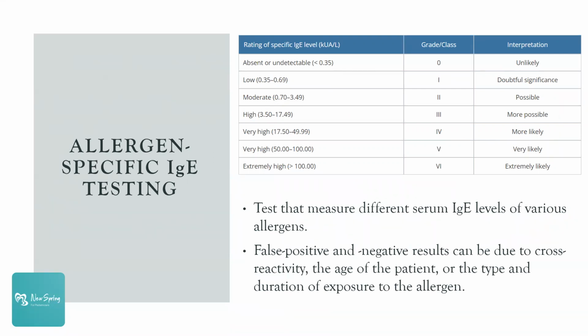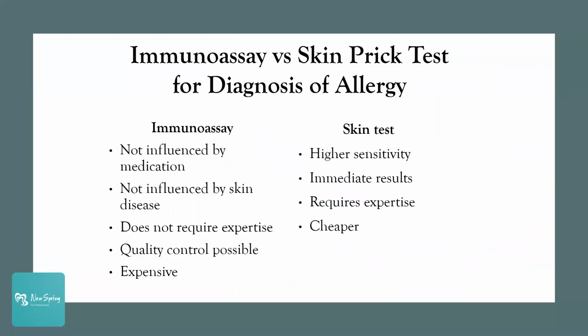And when we have a small comparison between immunoassay versus skin prick test for diagnosis of allergic rhinitis, immunoassay is not influenced by any medications, not influenced by skin disease, does not require experience, quality control is possible, and it's expensive when compared to skin prick test.